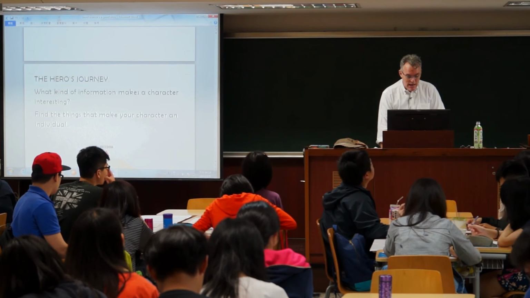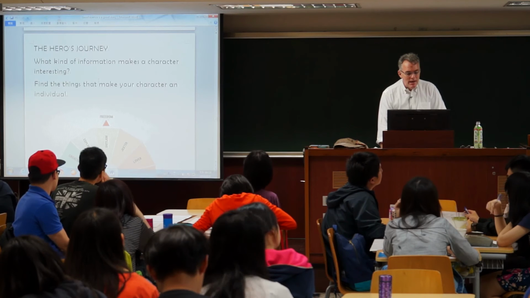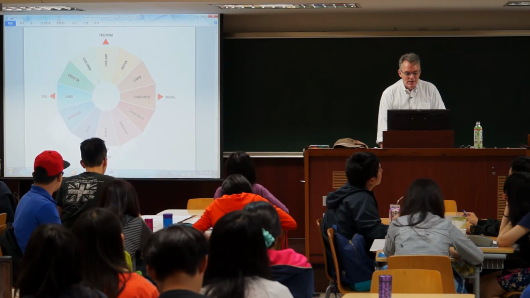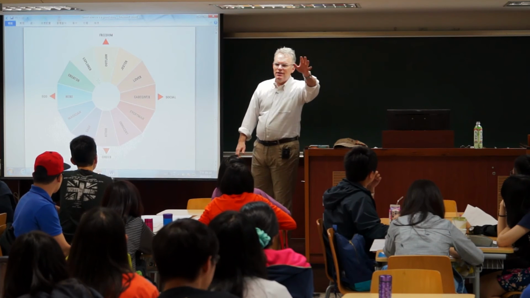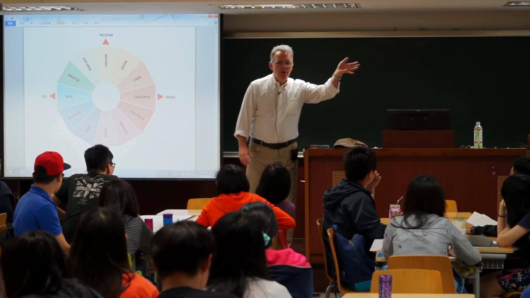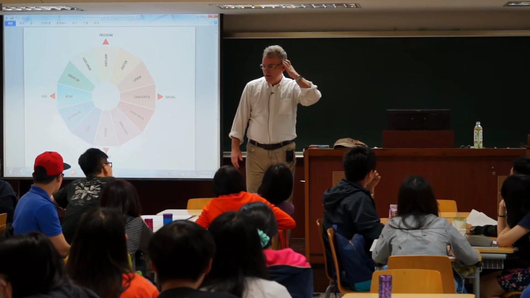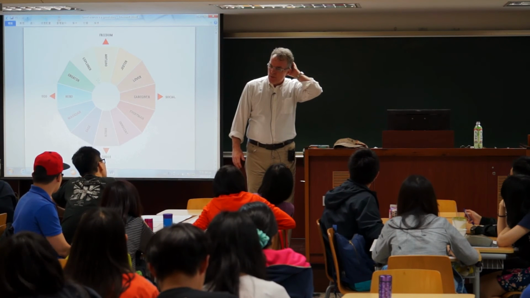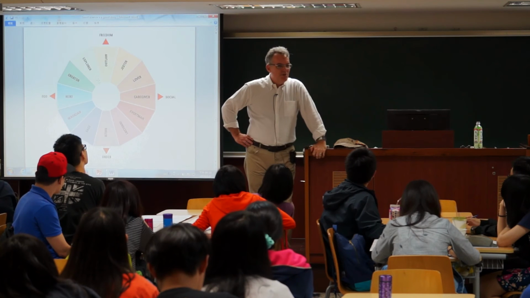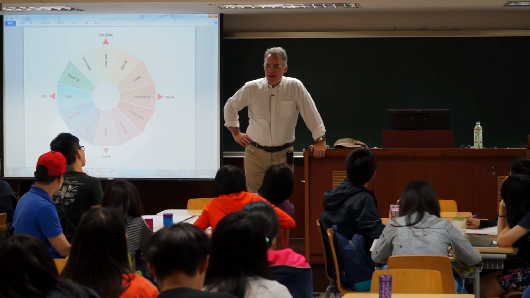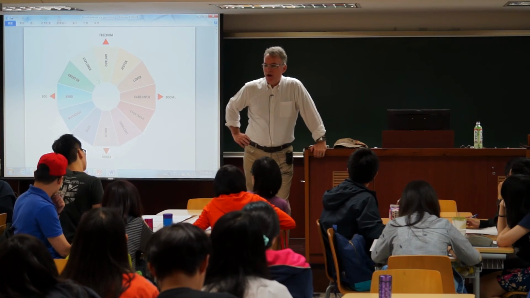So character does that. Now, in one of my classes, I go into Jungian psychology. Any psychology people in here? No? Jungian. Carl Jung, a Swiss psychiatrist in the 20th century, developed Jungian psychology, based on a concept called archetypes.